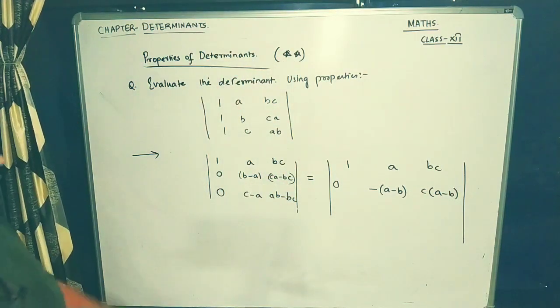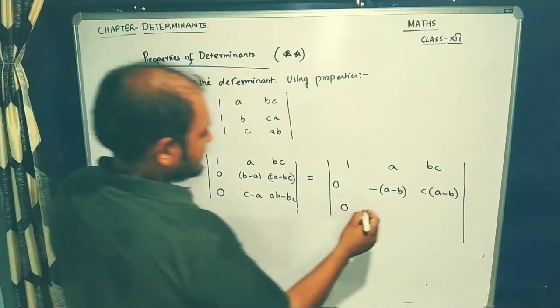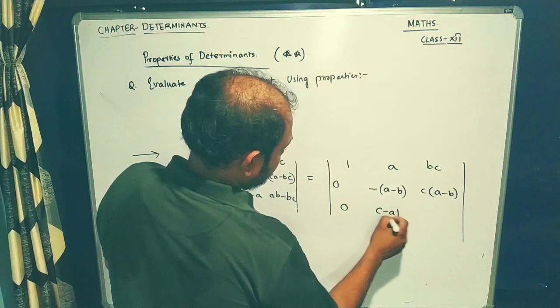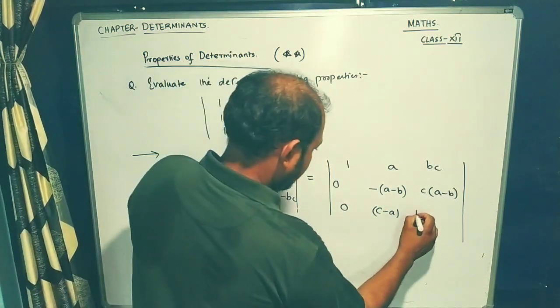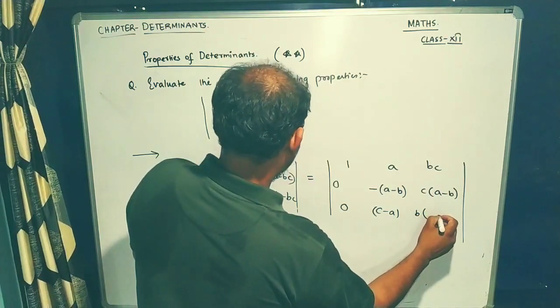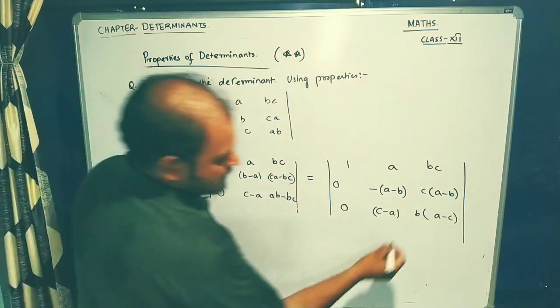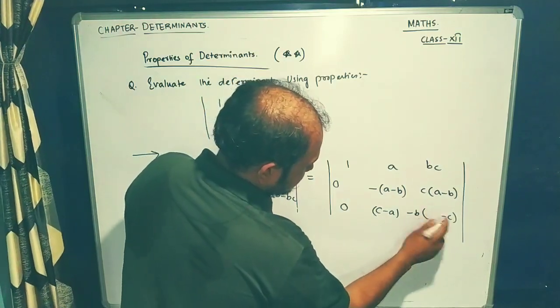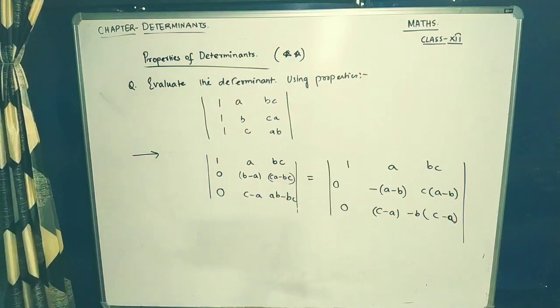Okay, then again we have a 0, then we have C minus A, then you can take B as common, it becomes A minus C. Okay, or if you take a minus B here, it becomes C minus A. Now it is clear to you, right?